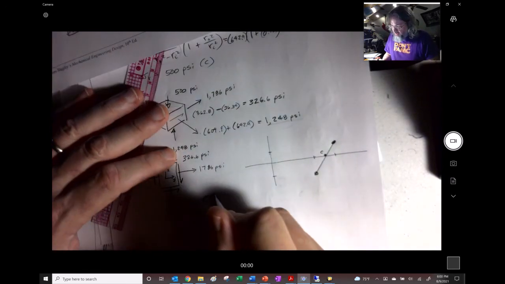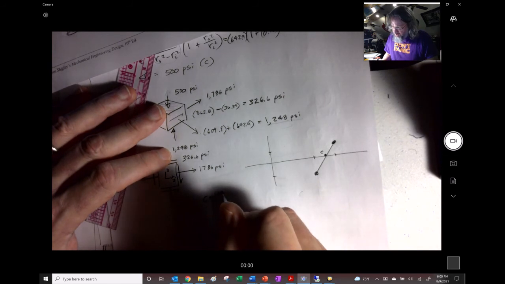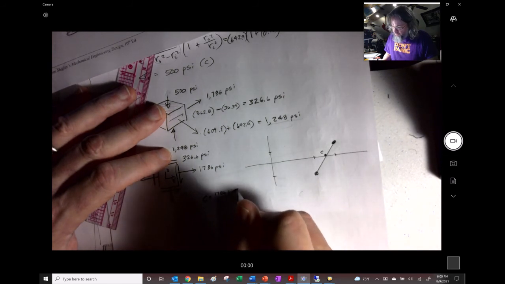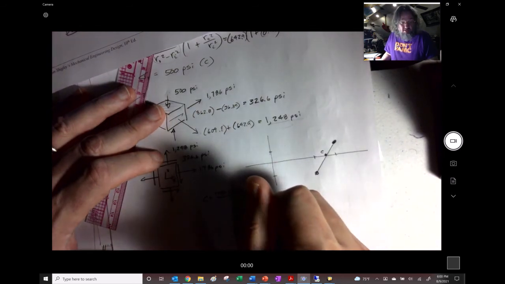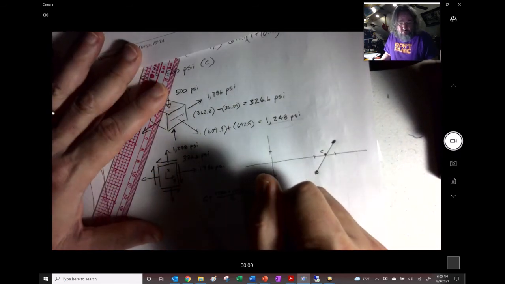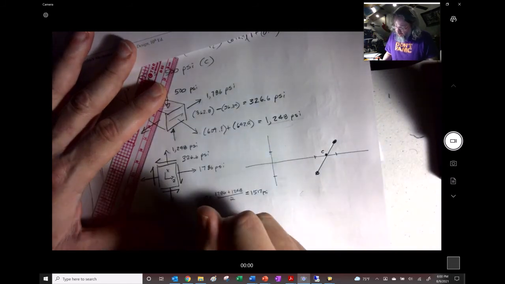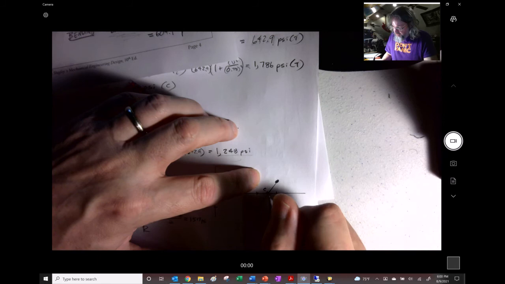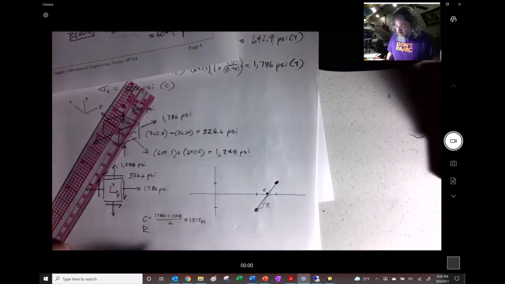C is going to be equal to the average, 1786 plus 1248 divided by 2. And so C is equal to 1517. Now we want R. We could choose either this top one or this one right here. I'm going to choose that one.